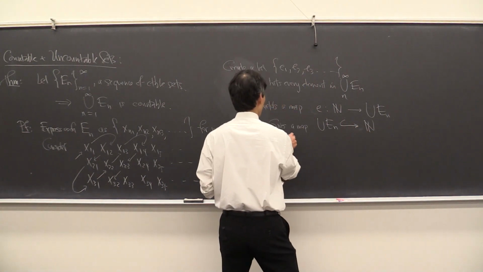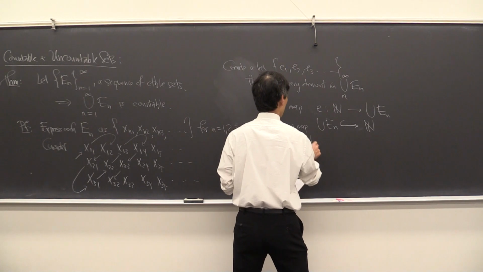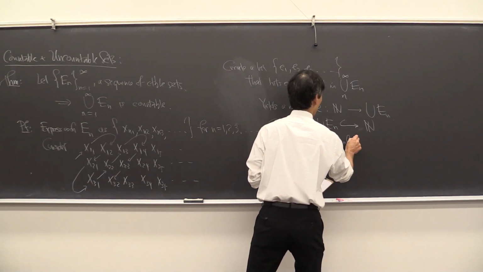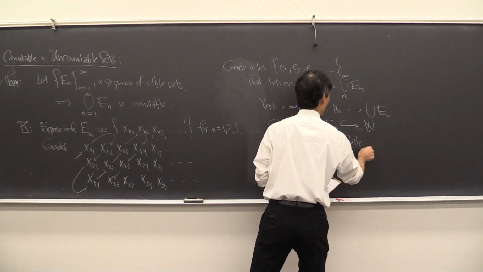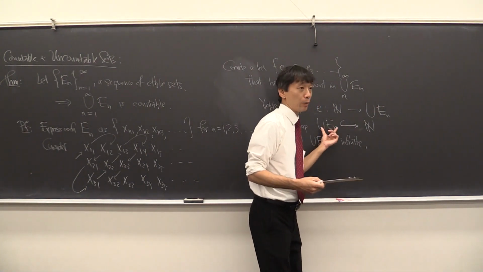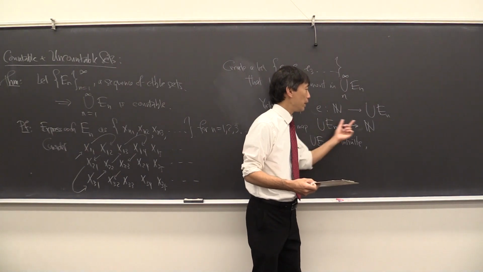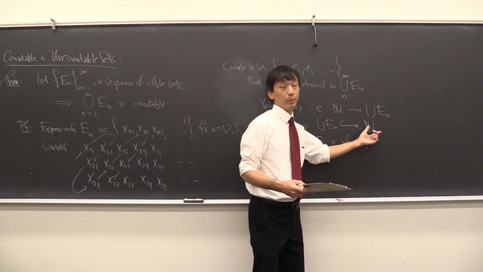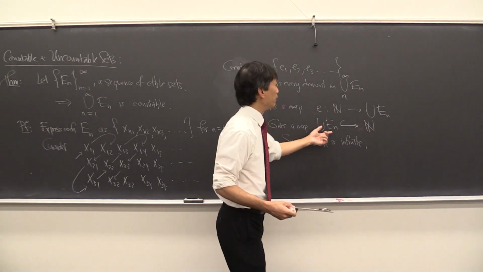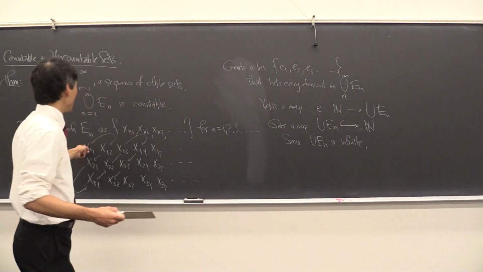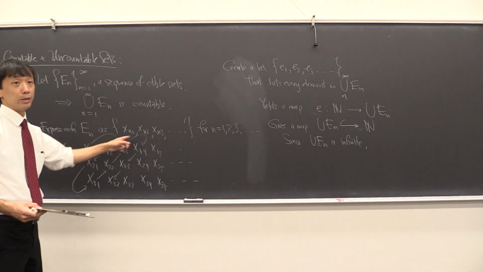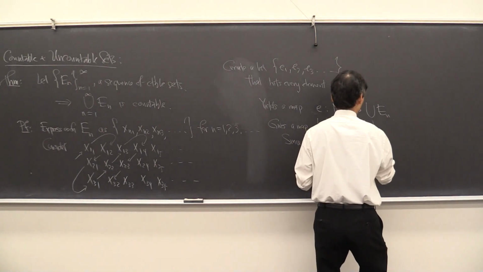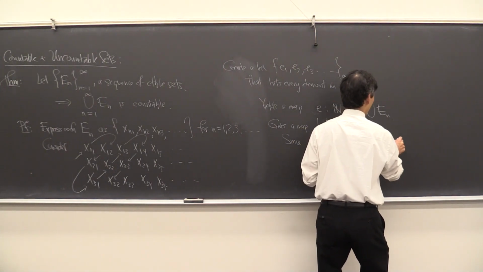Since this thing is definitely infinite, we can make a correspondence between this and a subset of N, which means that this is either finite or countable. We know it's not finite because we just look at the first row. The first row is infinite. Certainly E1 is not finite.